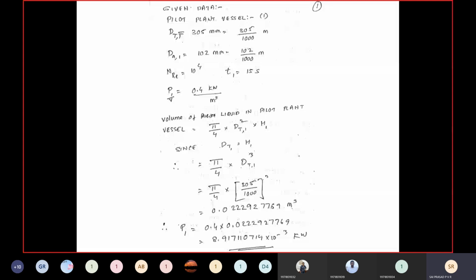First step, the volume of the liquid in the pilot plant vessel is equal to what's the formula? It is a cylinder, no? So π/4 into dt squared into h. And we know very well that in the previous slide we have written that dA by dt and h by dt both are equal to 1, this ratio.